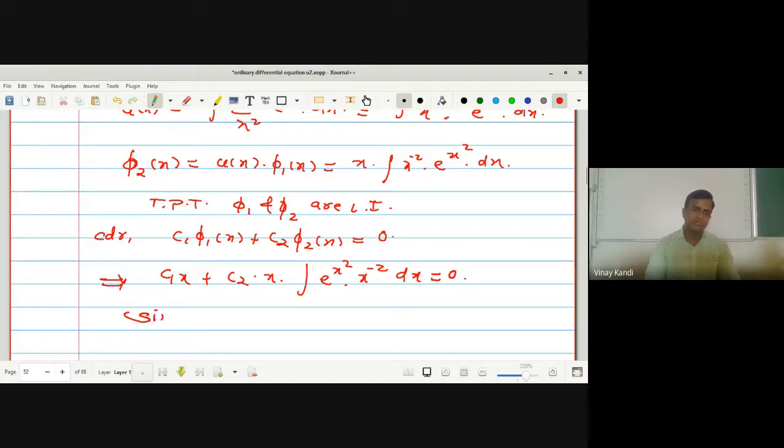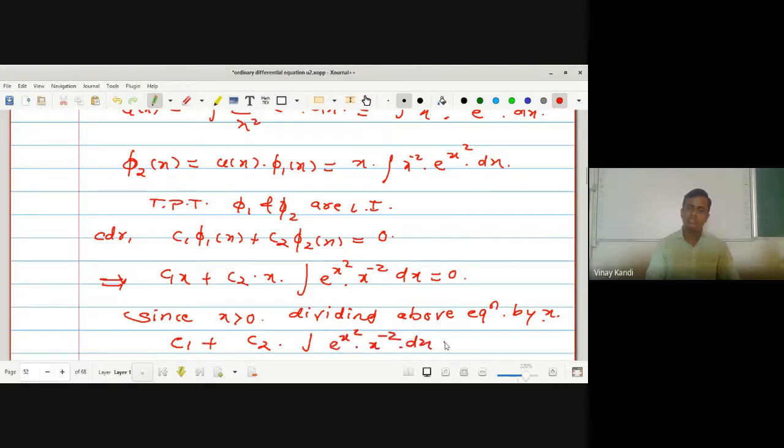Since x is greater than 0, dividing the above equation by x, we get c1 plus c2 integration e raised to x square into x raised to minus 2 dx is equal to 0.